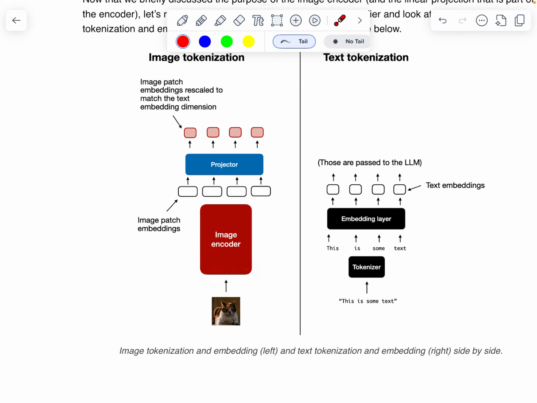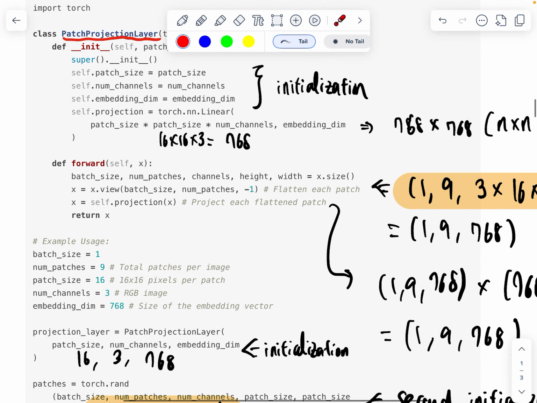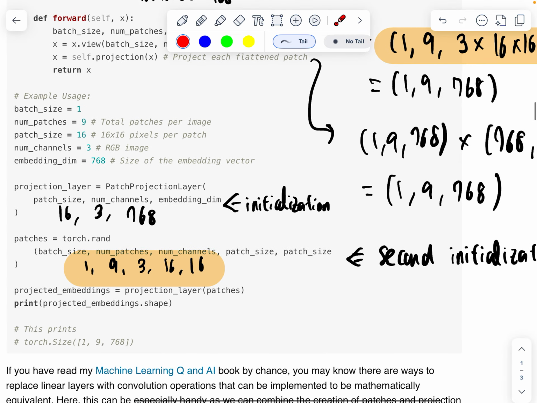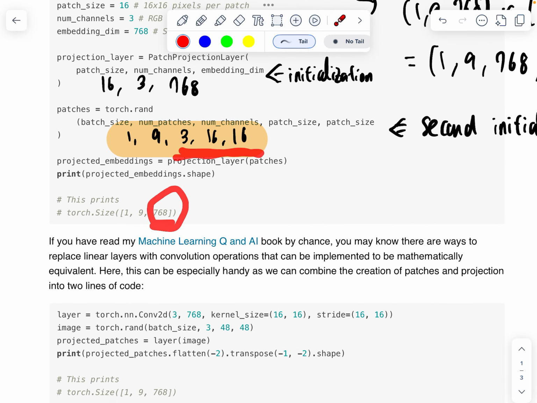So it initially starts as 256, but it ends up as 768. Initially, this is what we have as the initialization, but then we up project it to have 768.